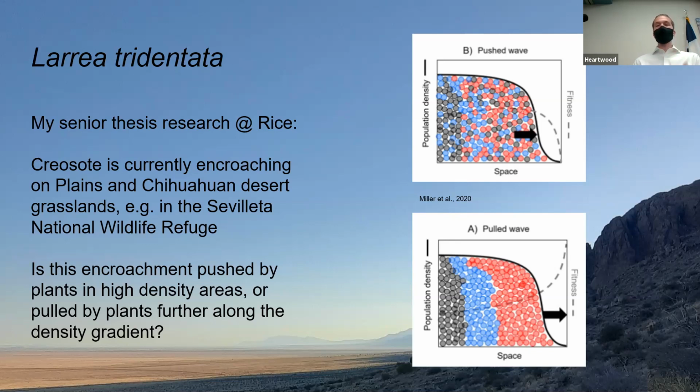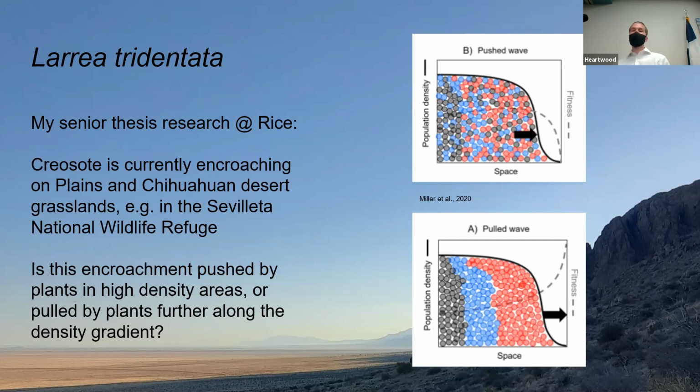So the question we want to know is whether the advancement or encroachment of this bush, the creosote, is pushed by highly reproductive individuals in high density areas where it's already extremely common, or pulled further along by plants that are reproducing a lot of seeds and new plants in areas where it's rare.